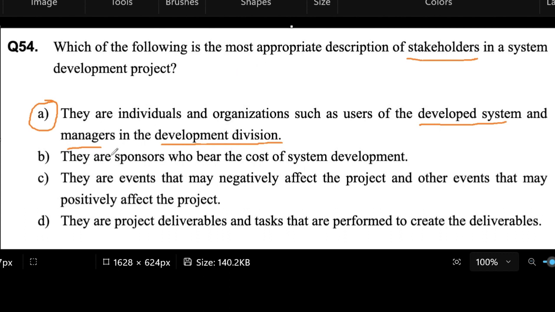at the other examples, I think the next best answer would be letter B, where it has the sponsors, people who might not care too much, might not be too interested in the nitty-gritty of things with the project, but are going to provide the funding, and so they have a lot of say in how the project will go.